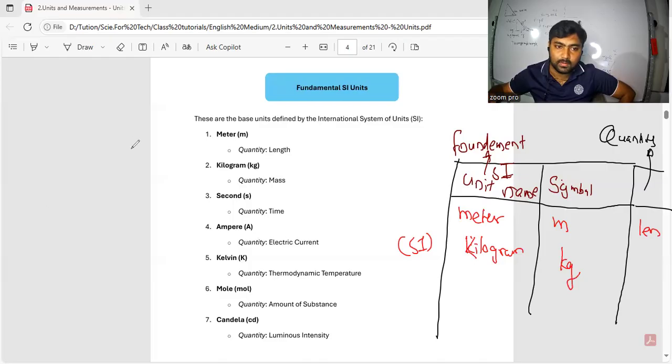Okay, listen. Here you can see some units are in capital letters, while some units are in simple letters. So don't mix these letters. Write the correct simple and capital letters, and I will explain why we are writing like this. Please complete this table.